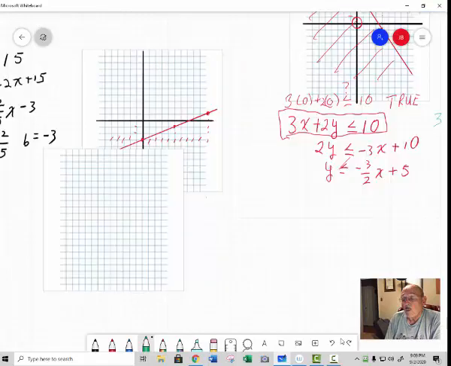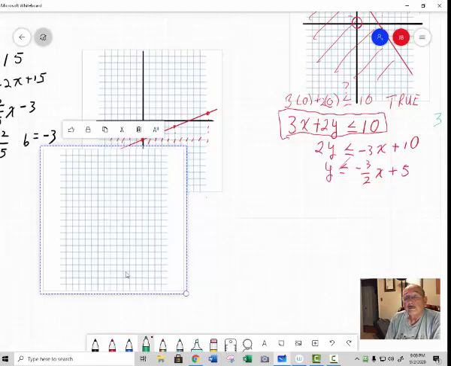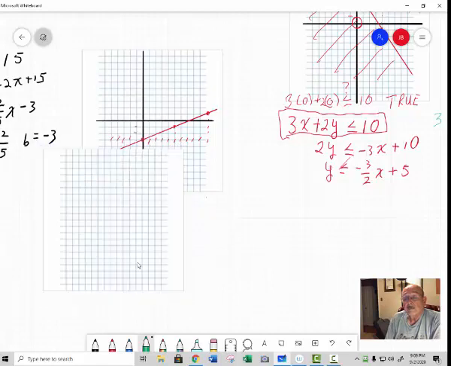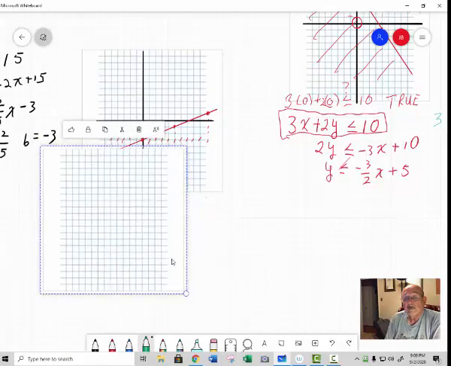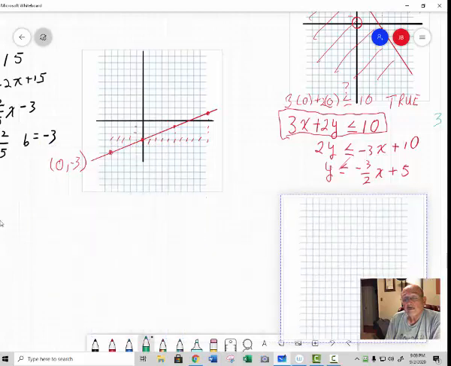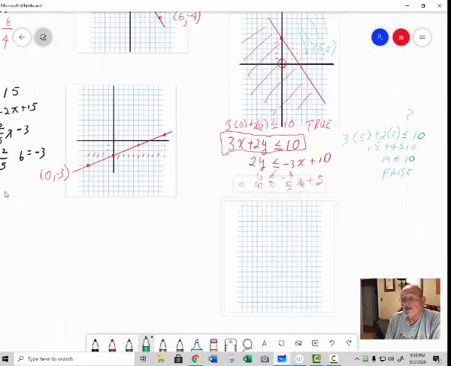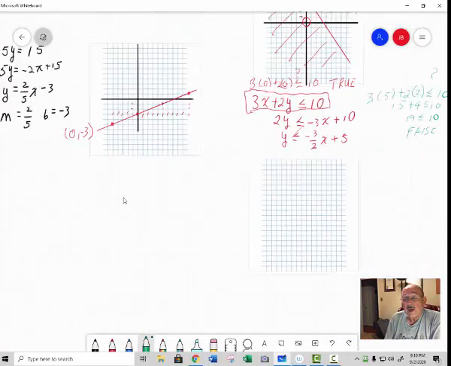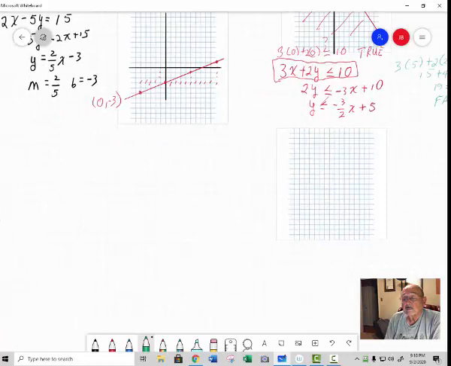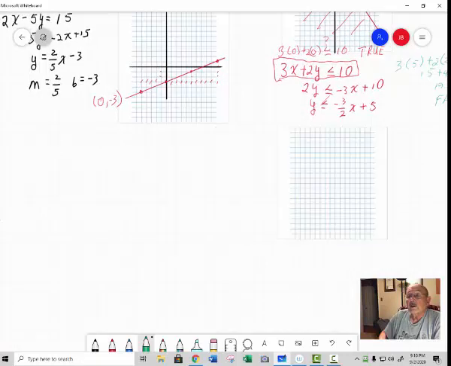Let's suppose now that I've got an inequality such as this one. Let's suppose that I've got 2x plus 5y is strictly greater than 15.